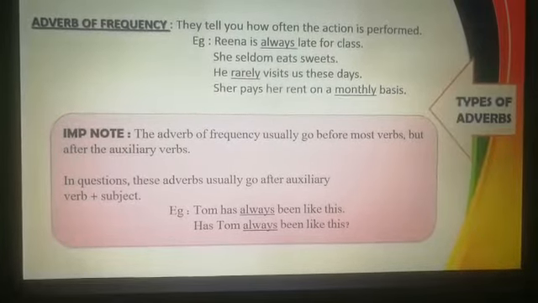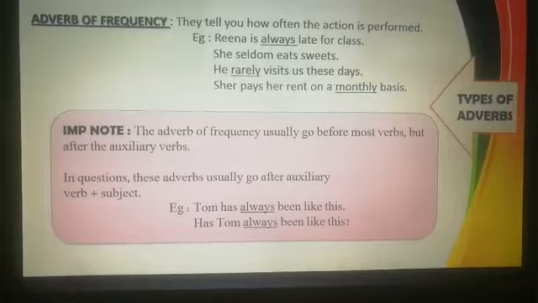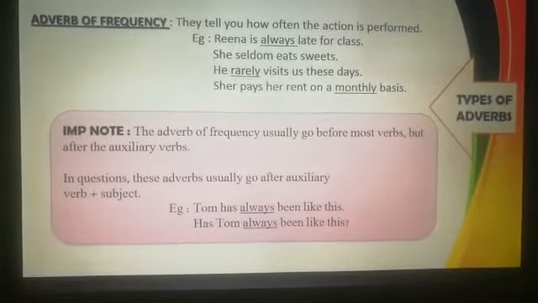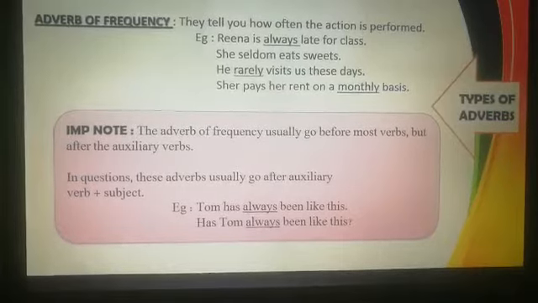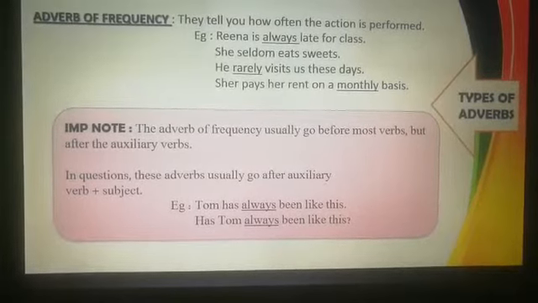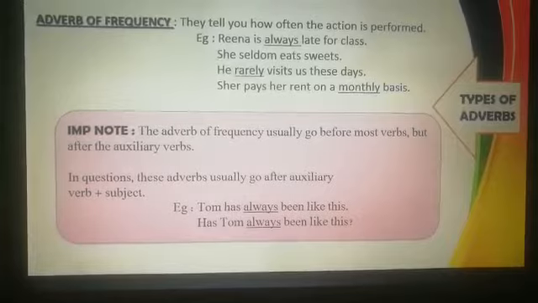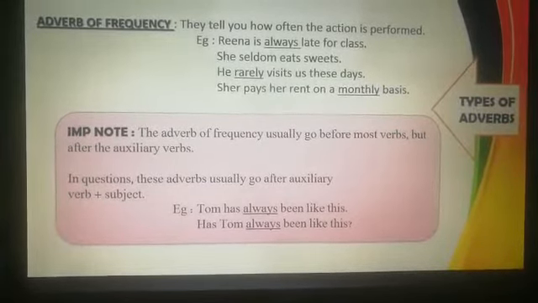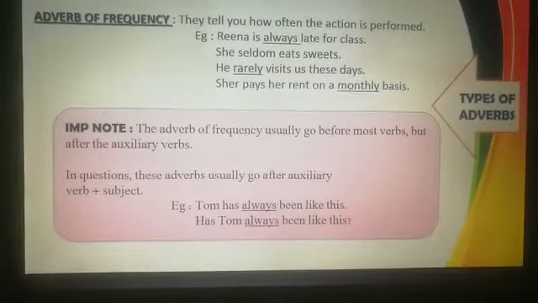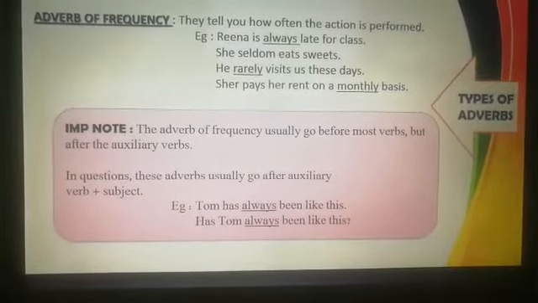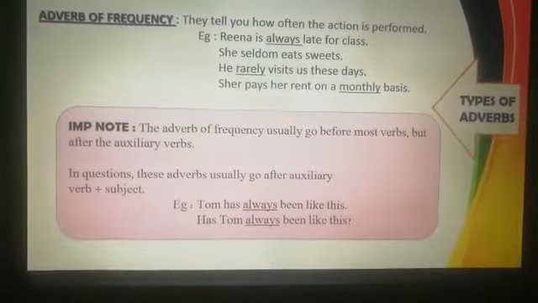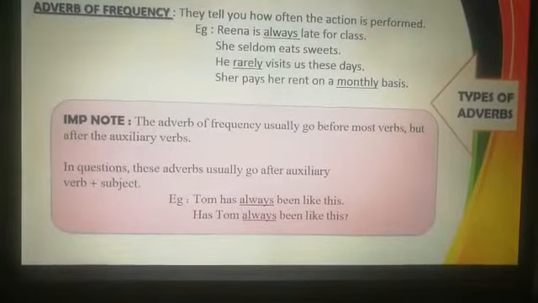Now adverbs of frequency usually go before most verbs but after the auxiliary verb. And in questions, these adverbs usually go after auxiliary verb plus subject. You can see the example, Tom has always been like this.